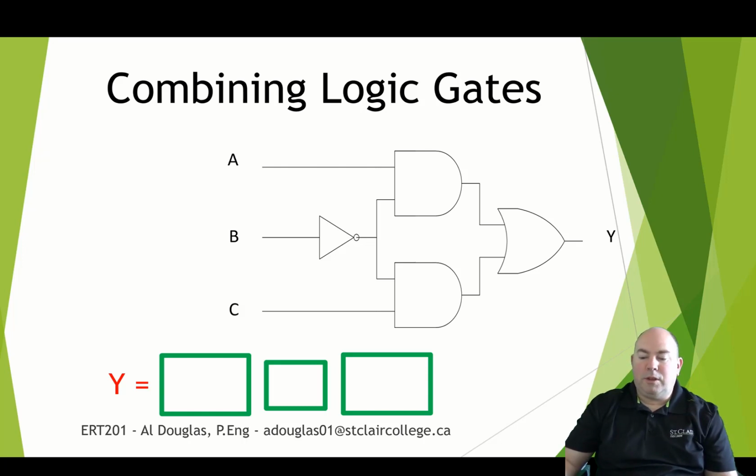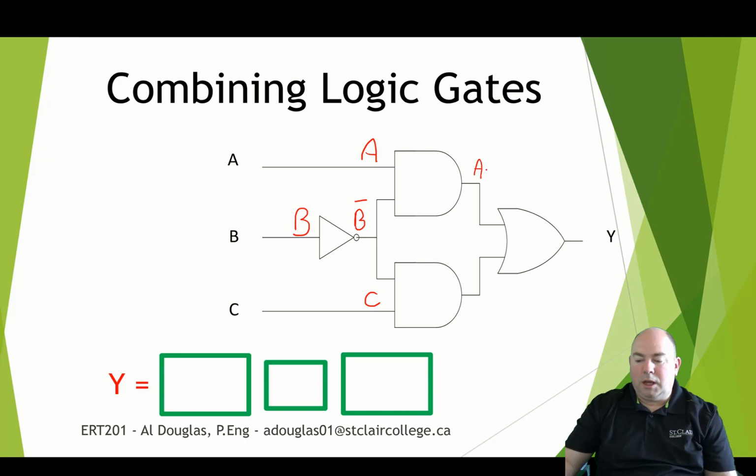We can express this by coming up with a total Boolean expression here. So we have an A, here we have a B, here we have signal C. So B goes through this and becomes not B. A and not B together. We're going to AND those together.